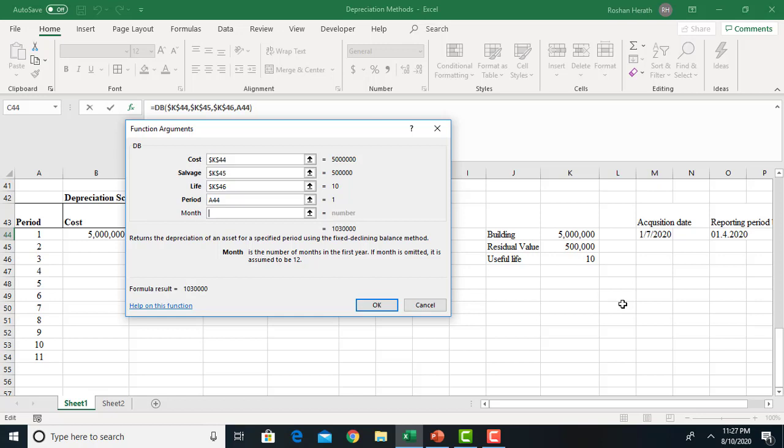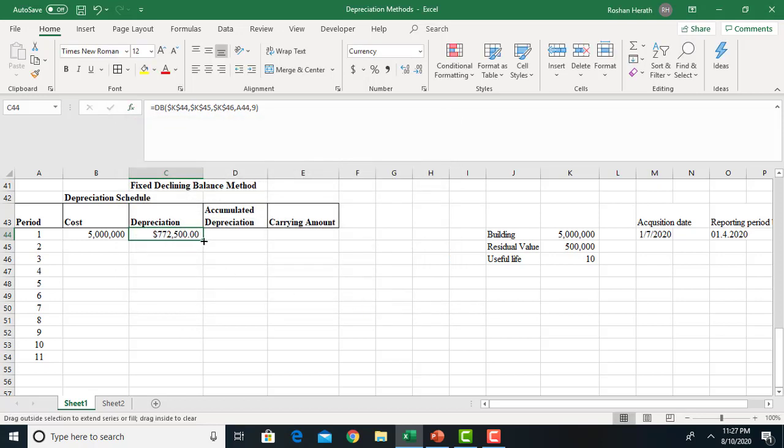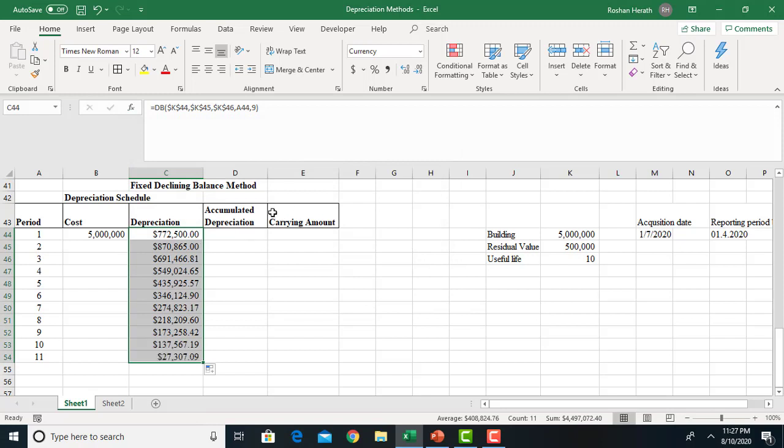So if it was 12, you could have simply ignored that. Then you can see the depreciation comes as 1,030,000. But since it is 9, you can see a lesser amount of depreciation is identified. Now you can simply drag this depreciation throughout the period.